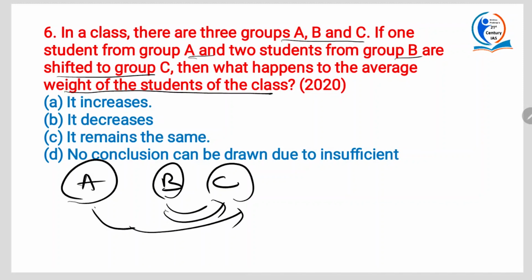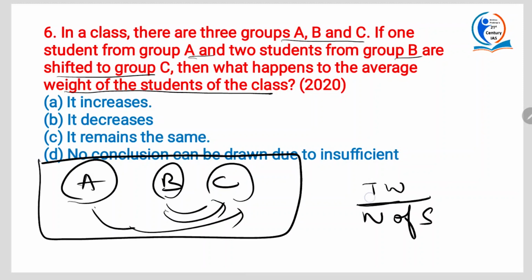See, what is the average weight? Total weight by number of students, no? So the average weight of the entire class is the total weight of all the students divided by the number of students. Is there any change in total weight just because one fellow is going from group A to group C? The total weight will remain the same.